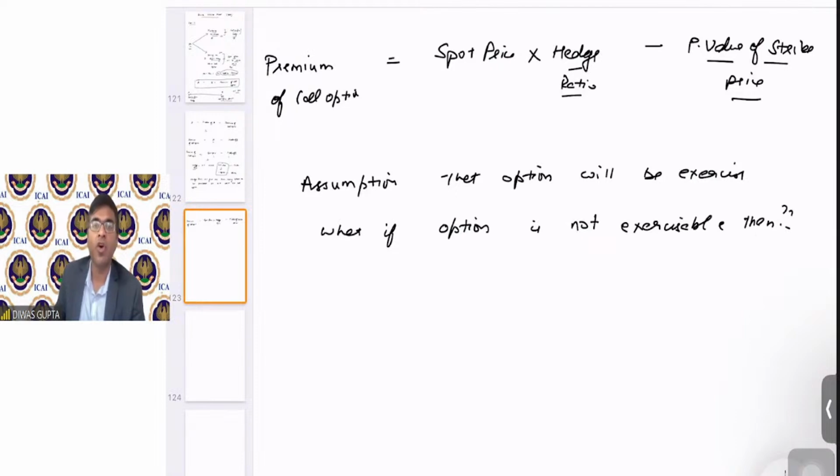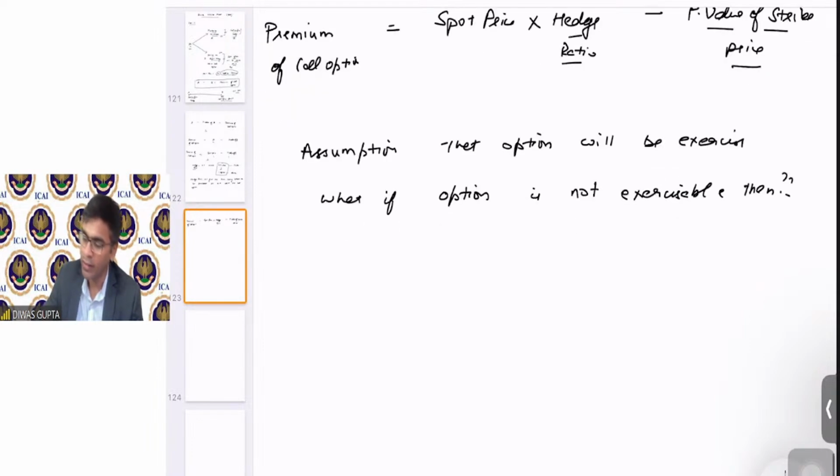So for that, what we generally do is we take the probability that the spot price on expiry will be higher than the strike price. If there is a probability there, then the option will be exercised and this step will be ensured. Okay. So I'm rewriting the above equation again in the below form.